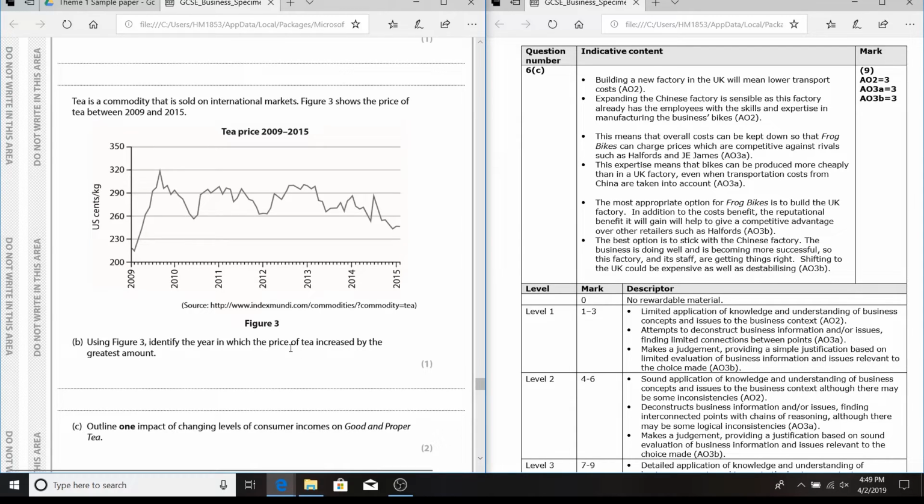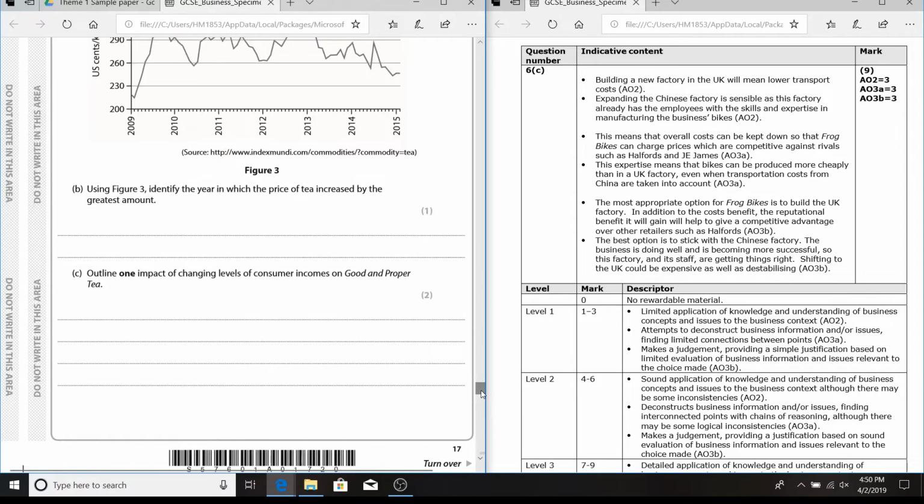Identify the year in which the price of tea increased by the greatest amount. Okay, so where do we see that greatest increase in the price of tea? Well, it's clearly like 2009, where it goes like so. Okay, right, then we've got a 2-mark application. Outline one impact of changing levels of consumer incomes on good and proper tea.